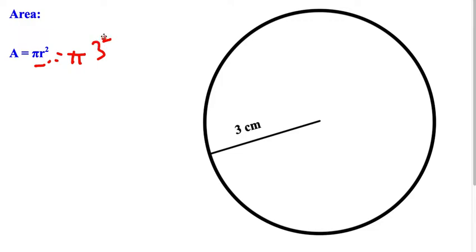Remember, 3 squared is not 3 times 2, it is 3 times 3. So this could be written as 9 pi centimeters squared, or it could be written as 9 times 3.14, or right around 28 centimeters squared.